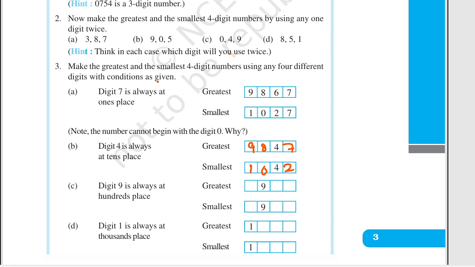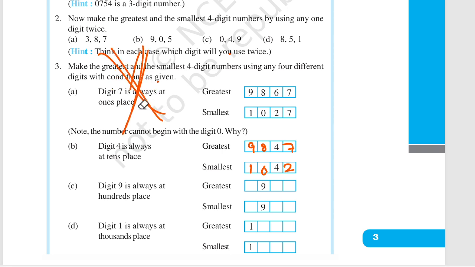If there is no condition, then the smallest number will always start from 1, and the greatest number will always start from 8. We cannot write 0 in the starting, because we have to make a 4-digit number, and if we write 0 in the starting, then the 0 has no value over there. I hope you guys are understanding.